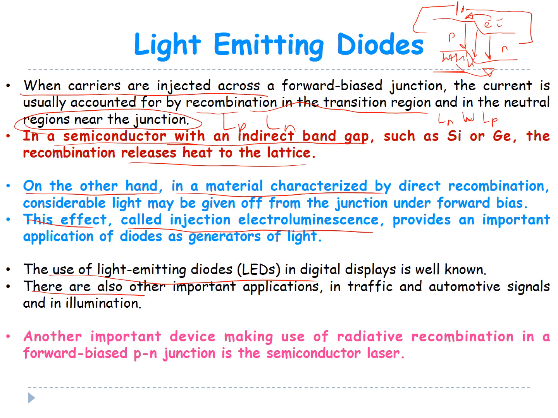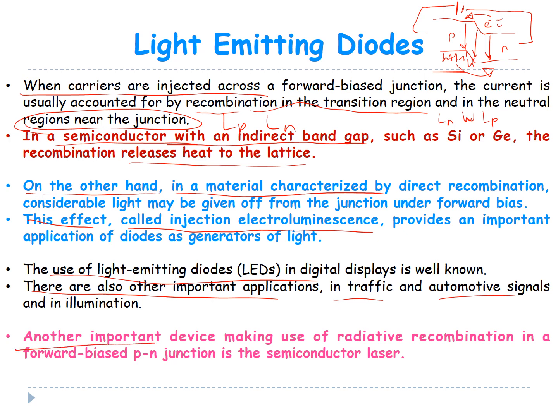And there are also other important applications, for example, in traffic and automotive signals and in illumination. In most households, most indoor lighting is LED, or is being gradually changed into LEDs these days.